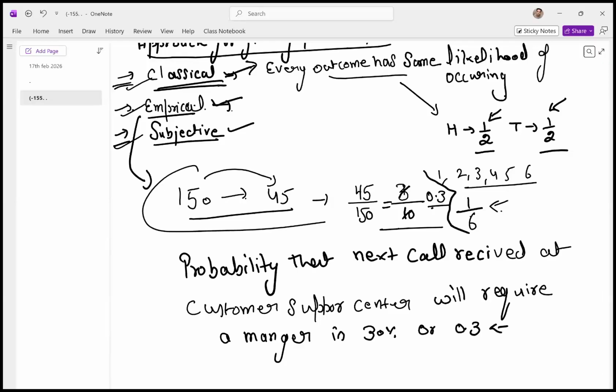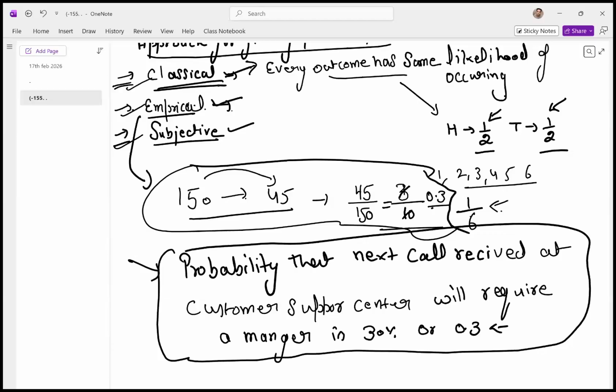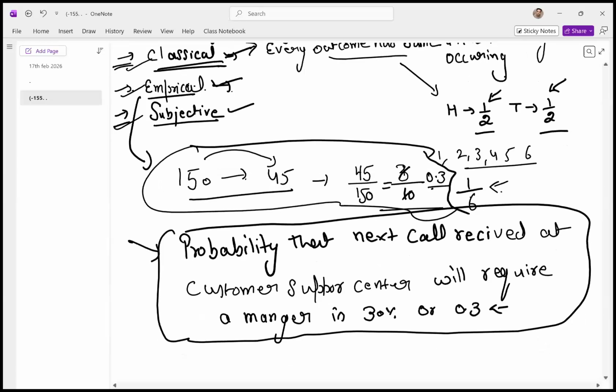So based on the previous data which we collected, we can make a prediction about the future: 30% chances that when the next call arrives, that call will be transferred to the manager.